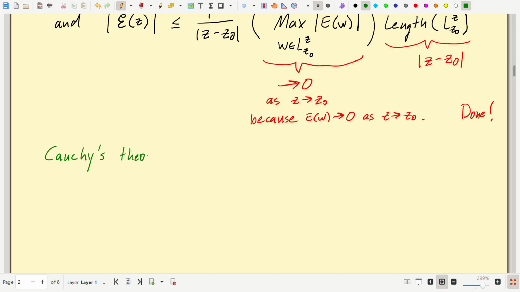Here's a very simple picture and way of thinking about it. There's lots of versions of Cauchy's theorem. The simplest one I like is, suppose f is analytic. I'm going to use a new term here.